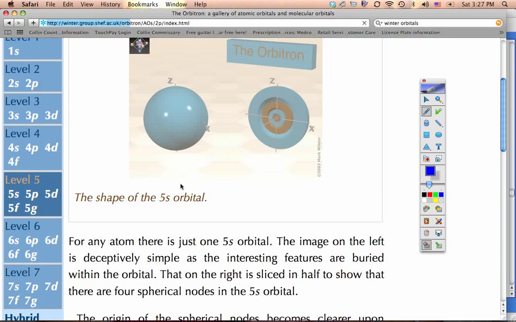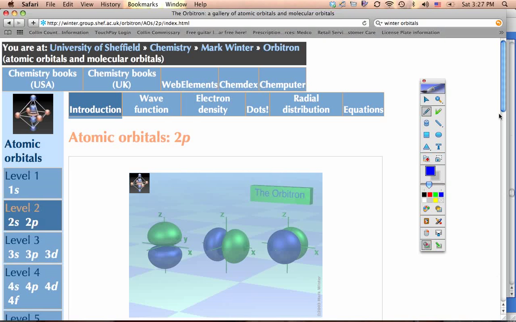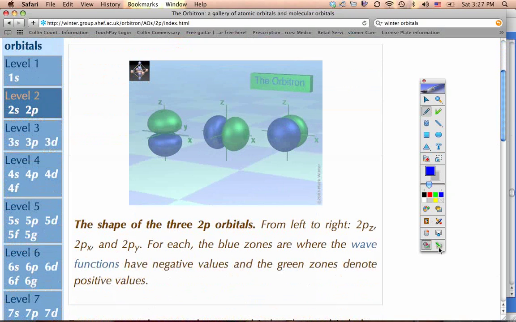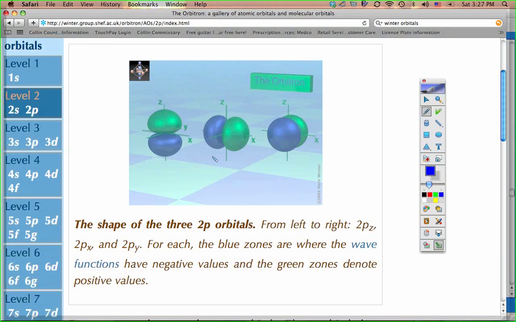So let's go to P. Now, the P orbitals look like dumbbell shapes. And don't worry about the fact that there are 3 of them right now. We'll come to that later. That gets us into our 3rd quantum number. For now, we're still focusing on L, which tells us shape, and the shape is like some sort of a dumbbell shape.